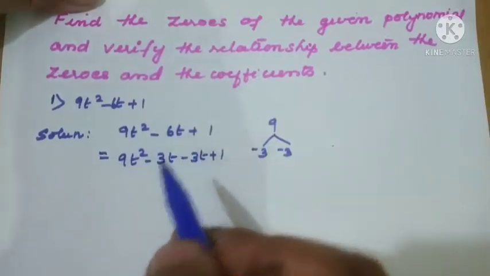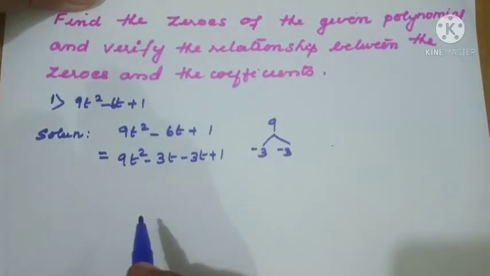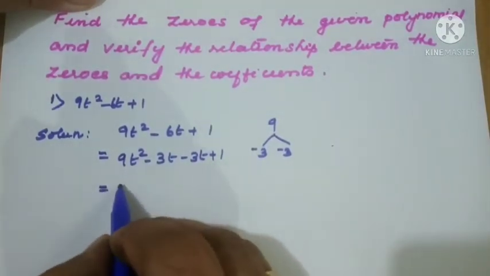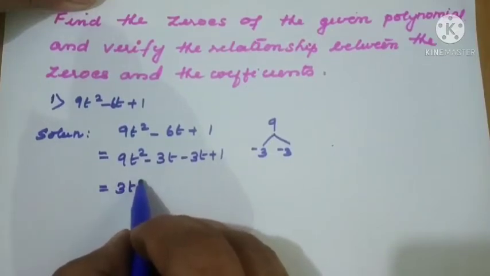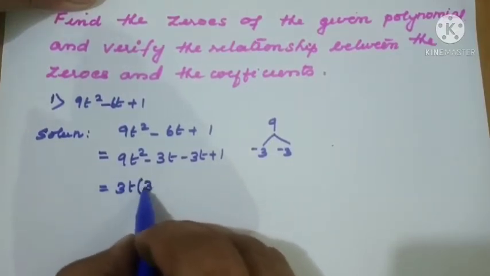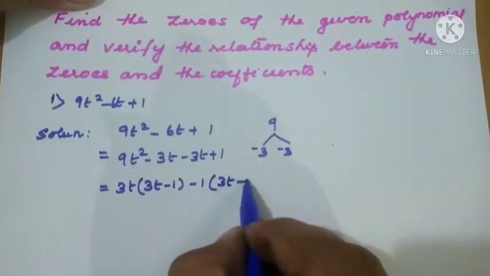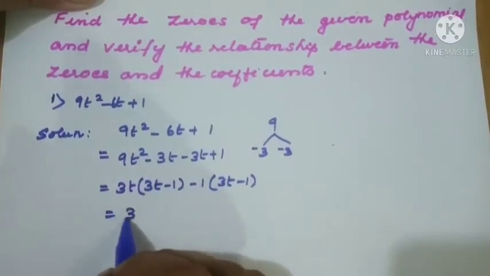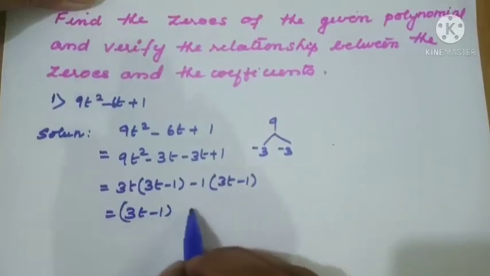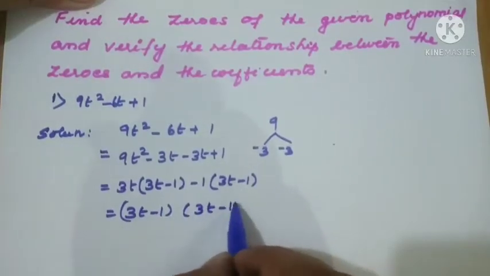It's directly a minus b whole square form also. So what is common here? 3t is common, so 3t minus 1, again minus 1 I'll take, 3t minus 1. So directly we can write 3t minus 1 into 3t minus 1.